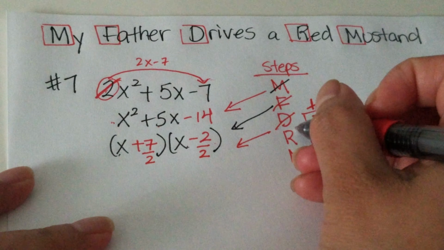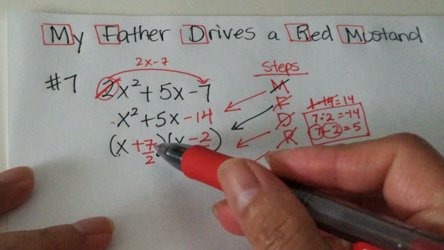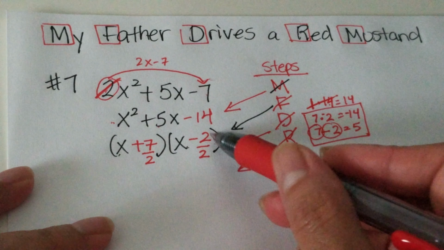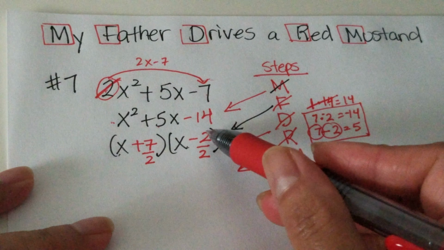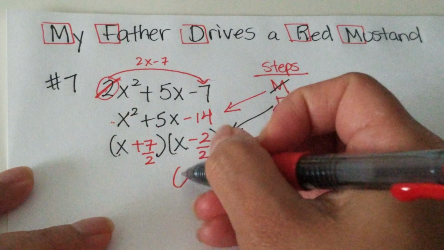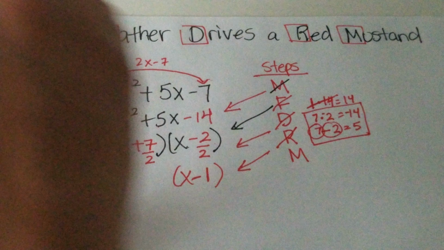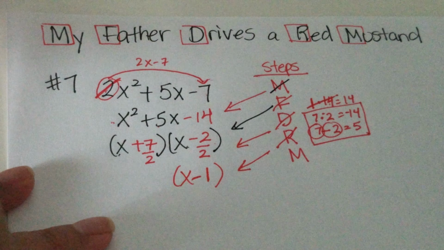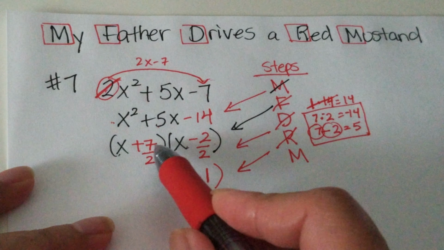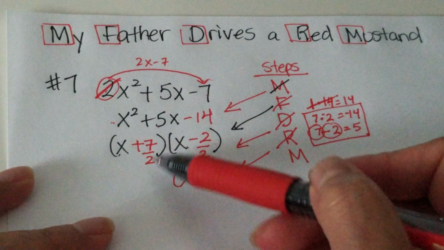And the next one is reduce. So can we simplify these fractions? Can we reduce only this one, right? Because 2 divided by 2 is 1. So let me write this one. 2 divided by 2 is 1 right here. And this one we will get a decimal, 3.5, and we don't want that.